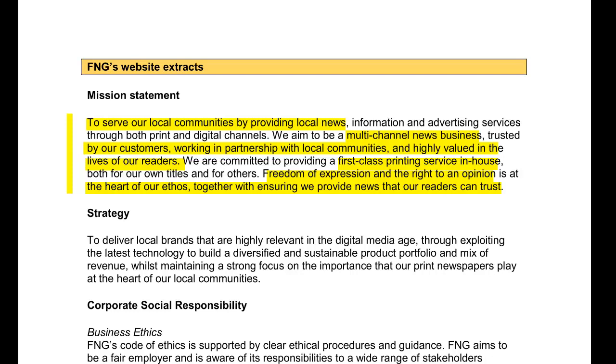We are competing by operating across multiple channels to add value to our readers. We're not just giving them any old news, we're giving them news that is valuable. And what we ourselves value is everything being of high quality, first-class printing, freedom of expression, news that our local community can trust. So we can see that the mission statement here does cover those particular categories, although it could do with being shortened slightly because it is quite long as it is.